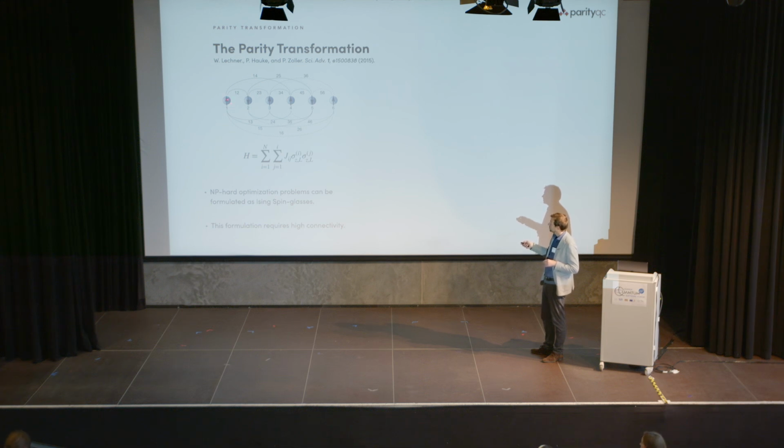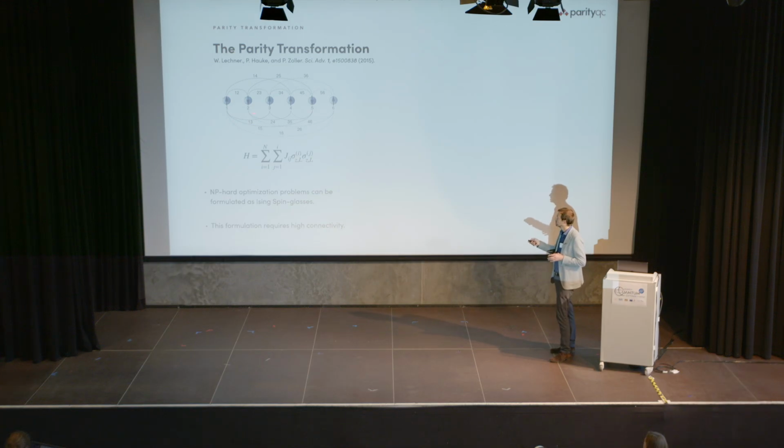Let's say the blue arrows would be your spins, and your Hamiltonian would look like this. So this is just a problem to introduce the concept. And now you can draw it like this. Now the edges of this graph would be the interactions, and the nodes would be the qubits.